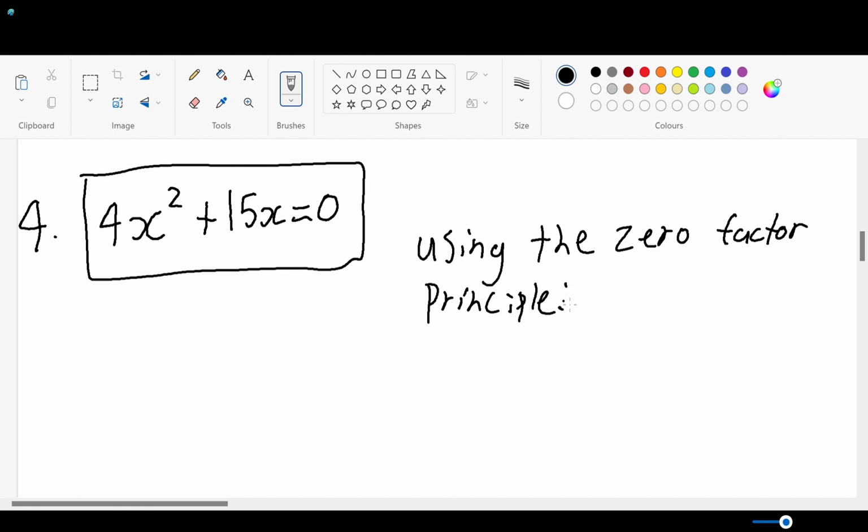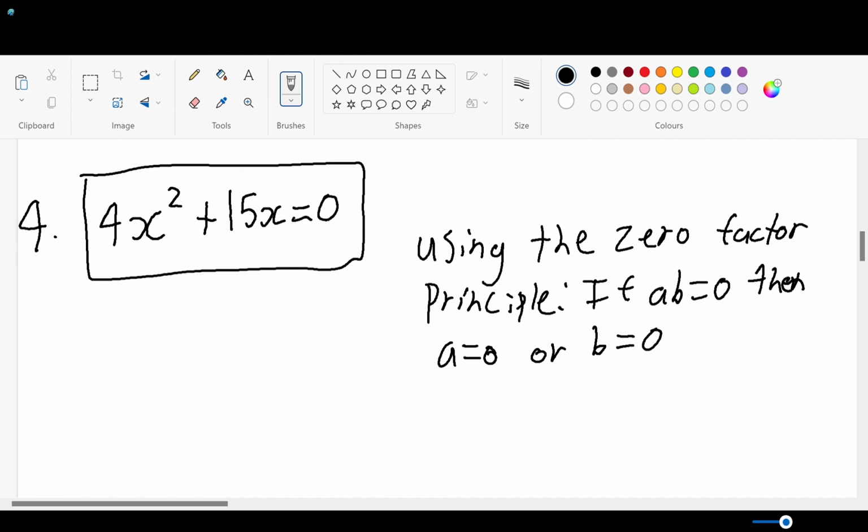To explain the zero factor principle, say if AB is equal to 0, then A would be equal to 0, or B would be equal to 0. You'll see how this will be useful.